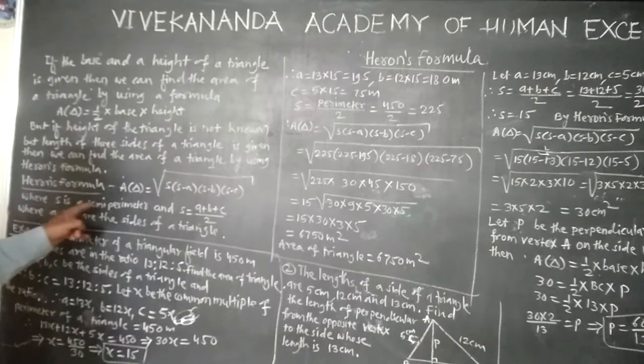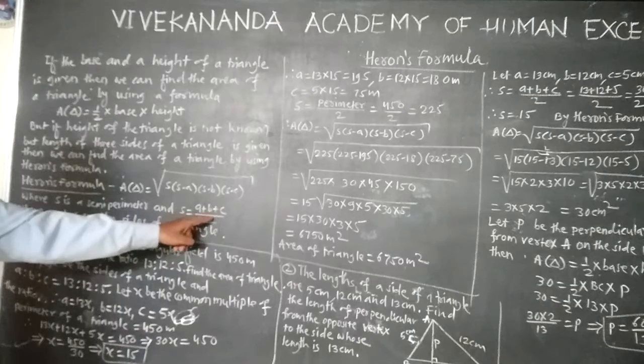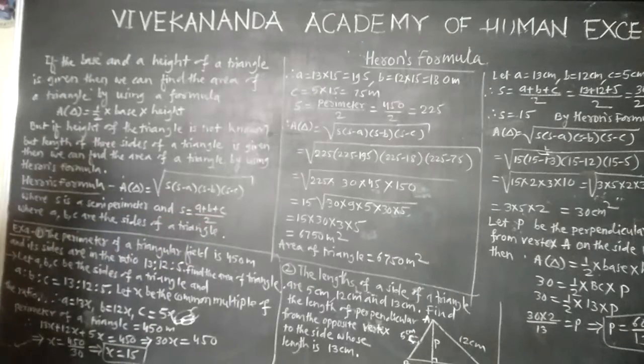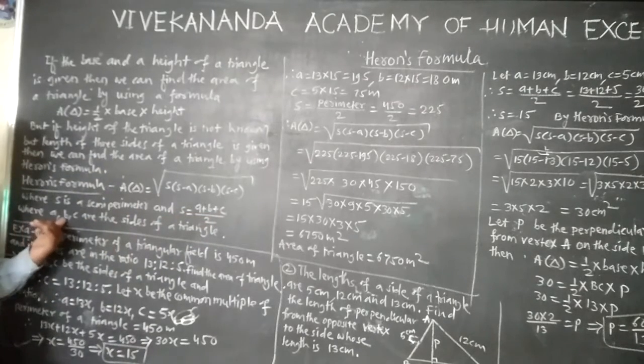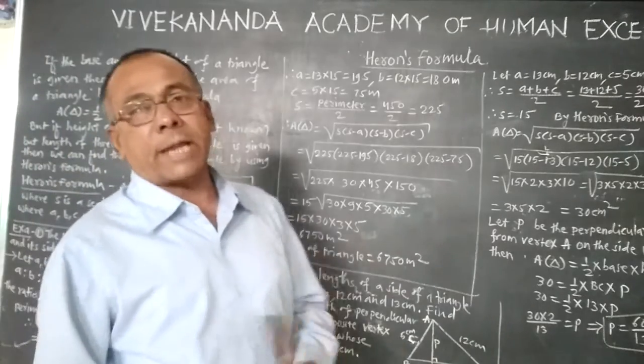Here S is the semi perimeter, and S is equal to A plus B plus C divided by 2, where A, B and C are the sides of the triangle.